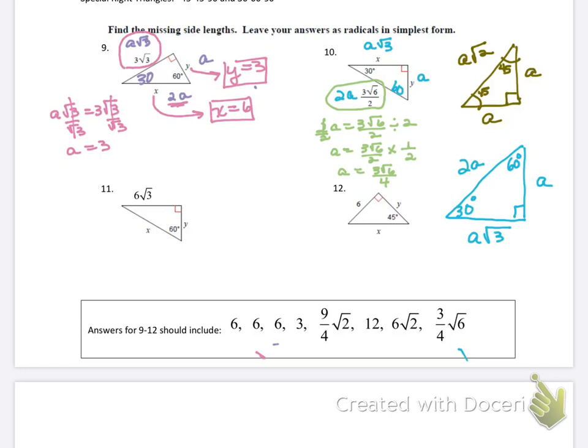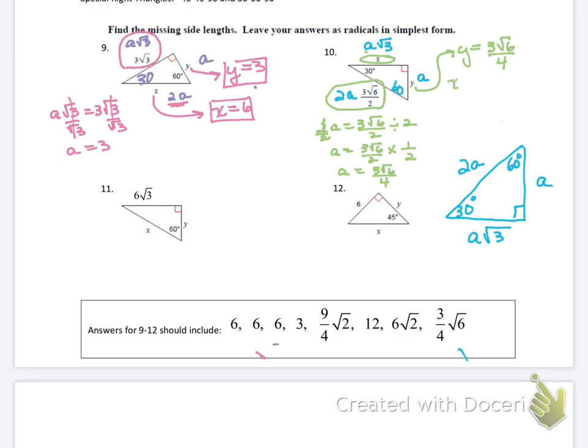Okay, so, at this point I'm going to start erasing things. So let me get rid of this so I have some room to work. So what I have now found is that since my y was equal to A, I now know that y equals 3 root 6 over 4. Okay? The other letter that's missing is the x. So look at your x and see how it has to equal A times root 3.